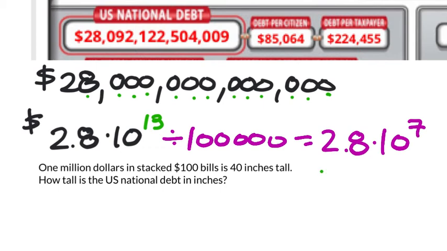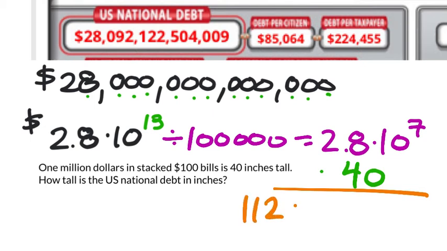Now, every one of those millions is 40 inches tall. So I take that 2.8 times 10 to the power of 7, and I multiply it by 40. Let's see what we get. 2.8 times 10 to the power of 7 times 40. Enter. And I get 1, 2, 3, 4, 5, 6, 7 zeros right there.